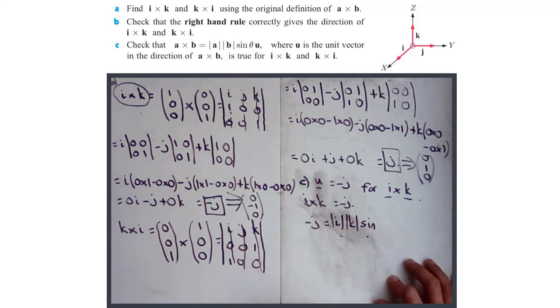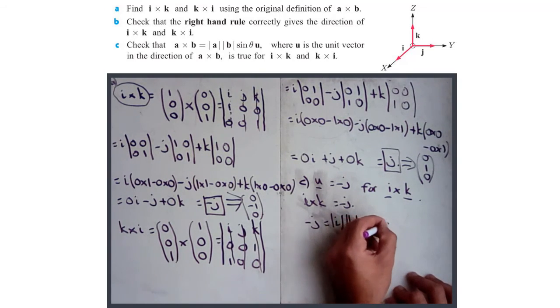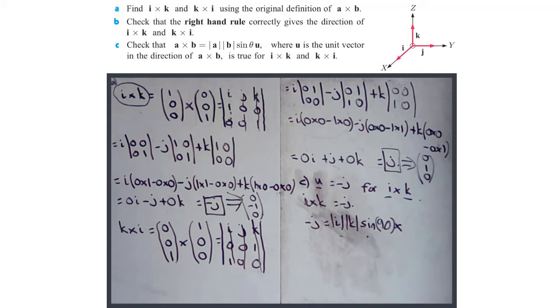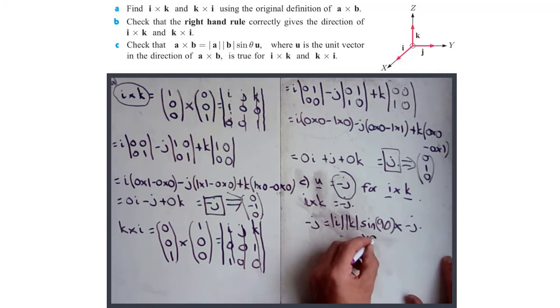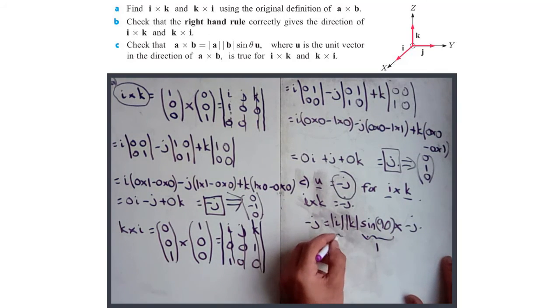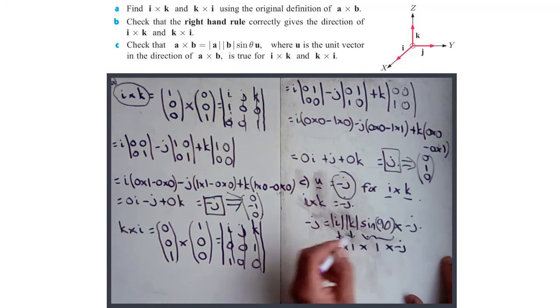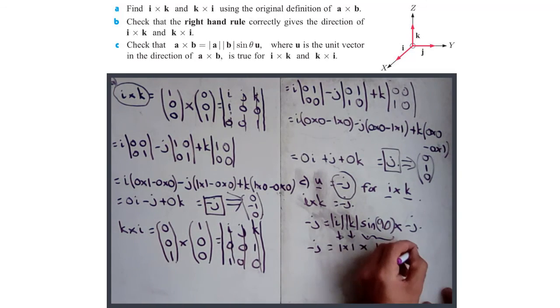Well, the angle between I and K is 90 degrees. Sine 90 times the unit vector in the direction of I cross K, which we already said was minus j. Well, sine 90 equals 1. The modulus of I is clearly 1, the length of the unit vector I. As with K, that is 1, so 1 times 1 times 1 times minus j does equal minus j, which is our value for I cross K, so that's fine.